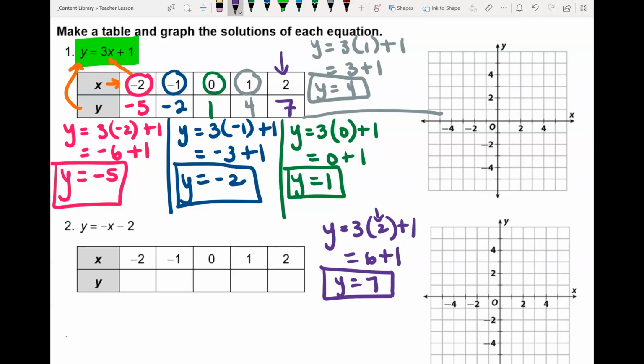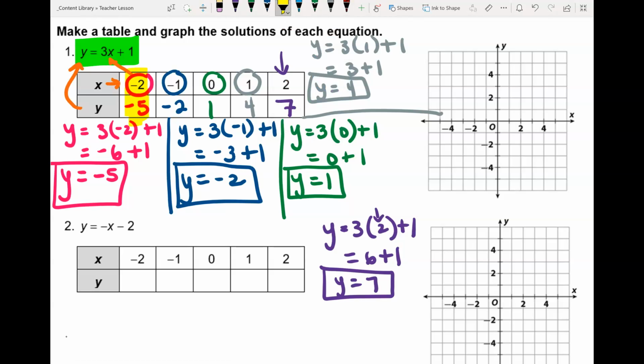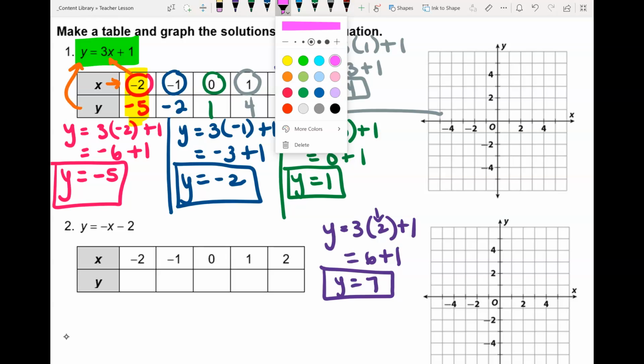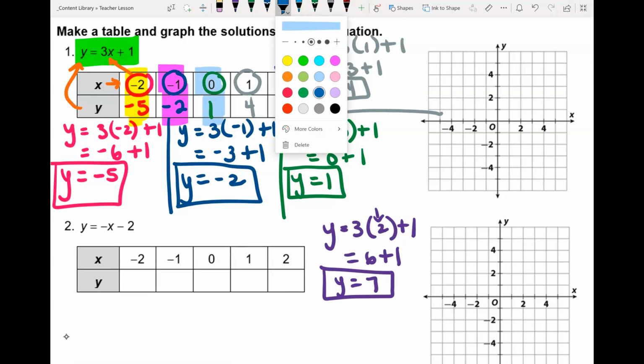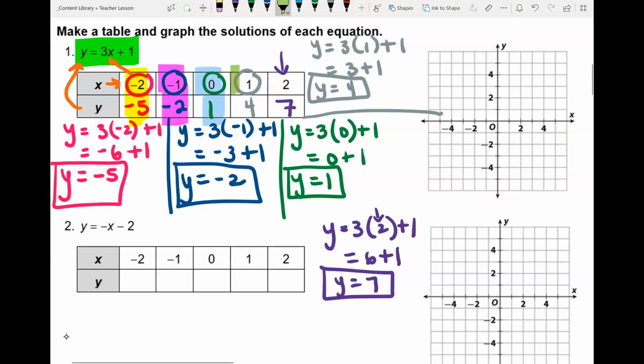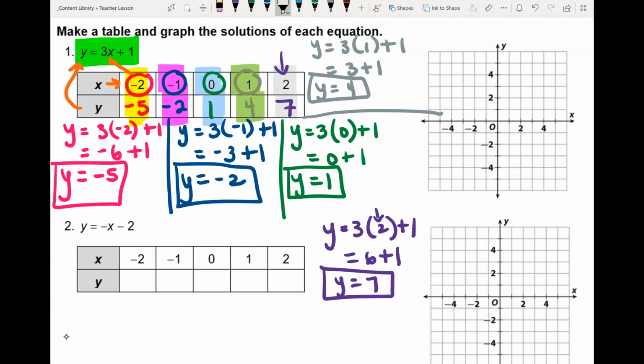Now we are going to be graphing. First, I'm going to graph my first pair, which is this one. Then we're going to have our second pair, then our third pair, then our fourth pair, and then our fifth pair.